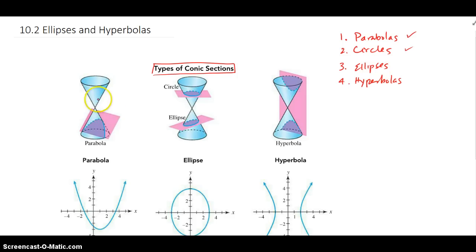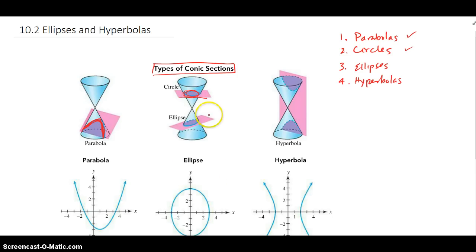If you take these two cones and cut through them, you're going to make this shape along the sides of the bottom cone, which creates what's essentially a parabola, something like this. If you cut through it exactly flat across, you're going to get a circle, which we've looked at before.